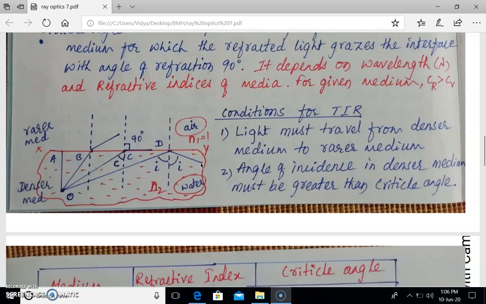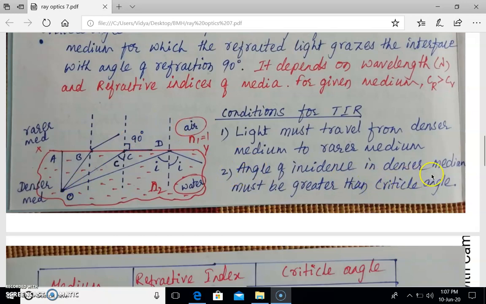Total internal reflection takes place following two conditions. Number one, light must travel from denser medium to rarer medium. So here the light is traversing from the luminous object O, that is from denser medium to rarer medium.